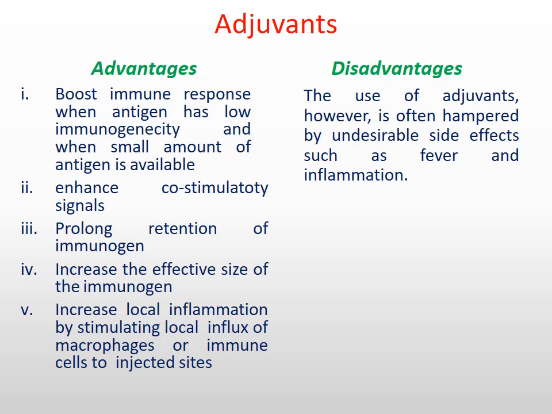Adjuvant is very commonly used with vaccines, and in some cases it has been noted that after injecting the vaccine, the baby suffers from severe pyrexia and severe local inflammation. These are mainly due to the side effects of adjuvants used with the vaccines. So we should use the adjuvant judiciously. Okay.